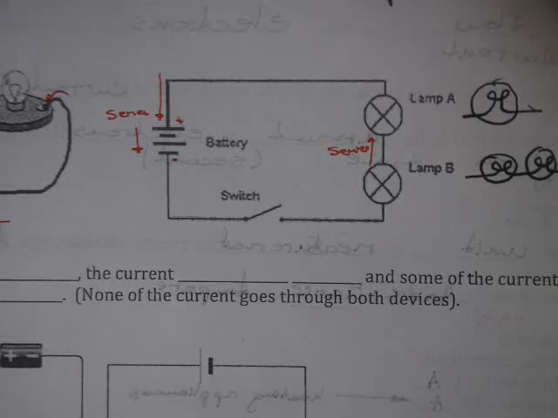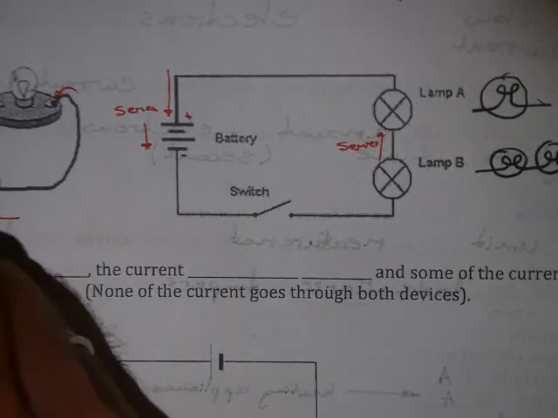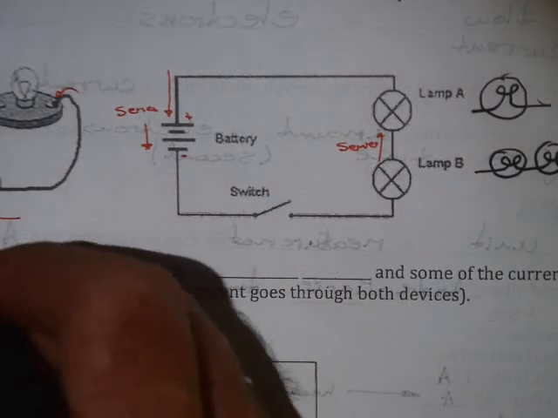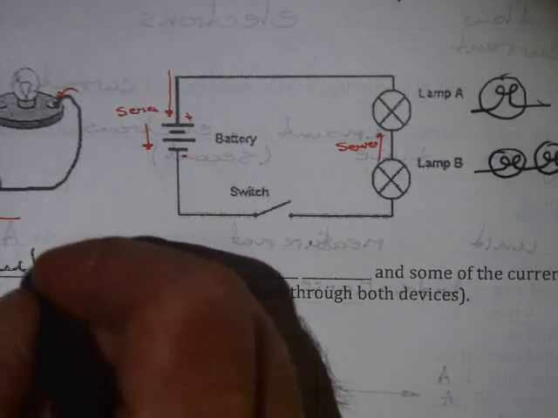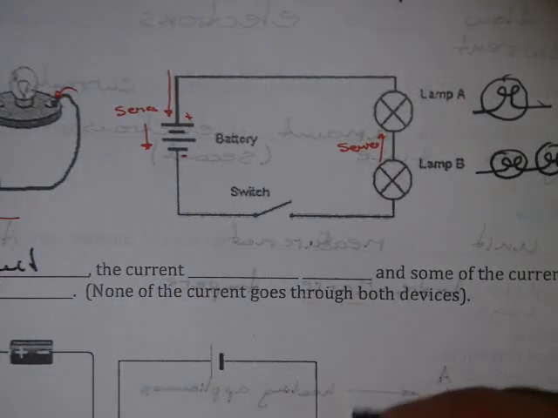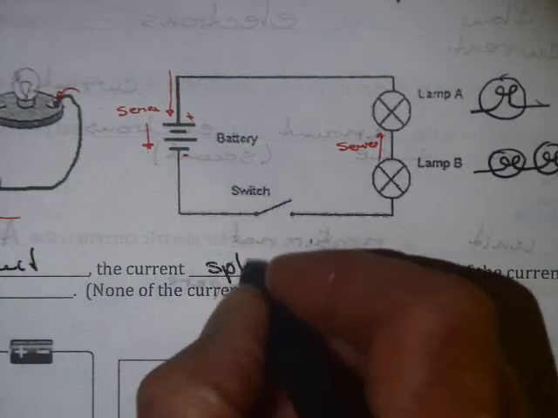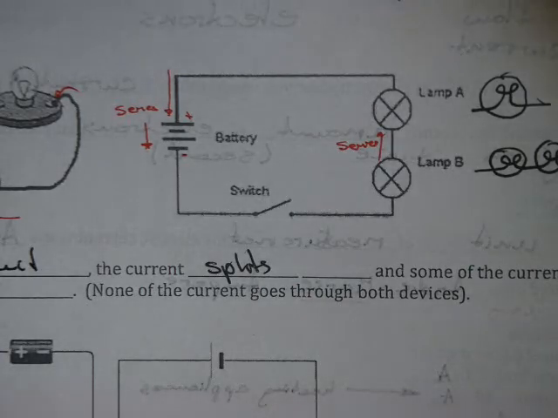So in a parallel circuit, it's not like that at all. So in a parallel, the current splits. And some of the current goes through each device.